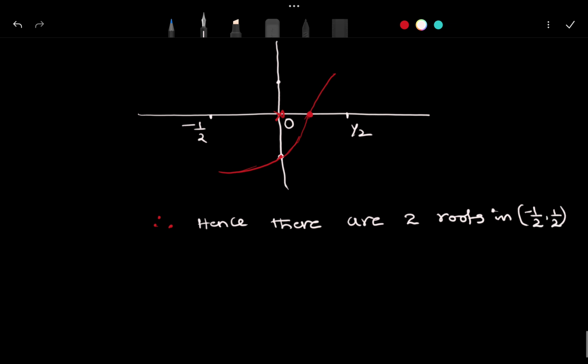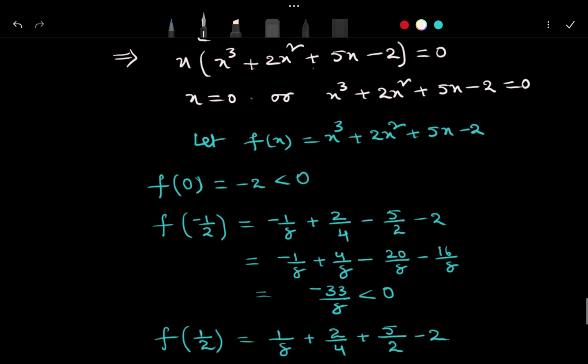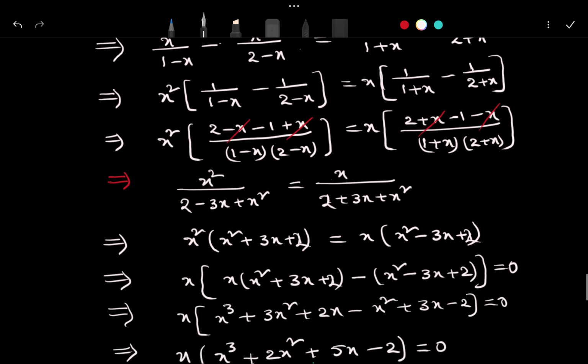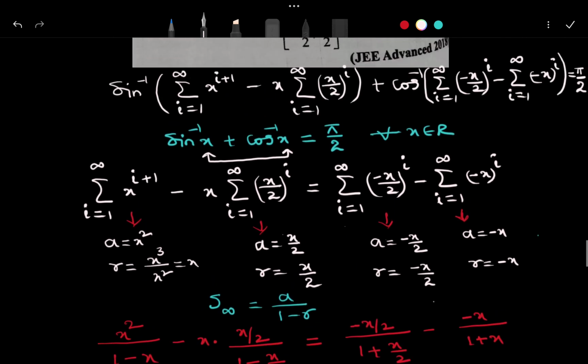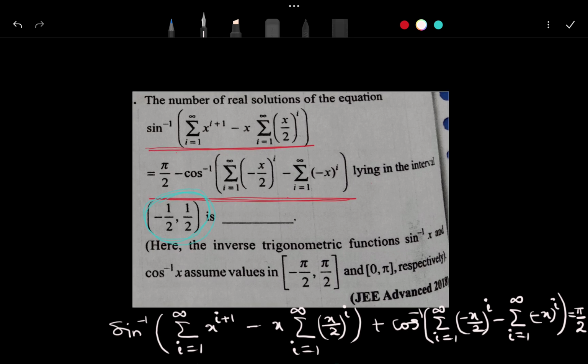So in this question, you have to find the number of real solutions of this equation. Real solutions means how many x values exist. One value is 0 and the other value lies between 0 and 1 by 2.